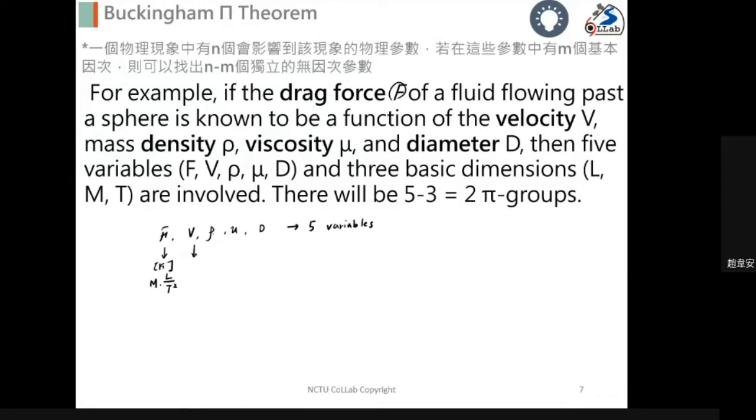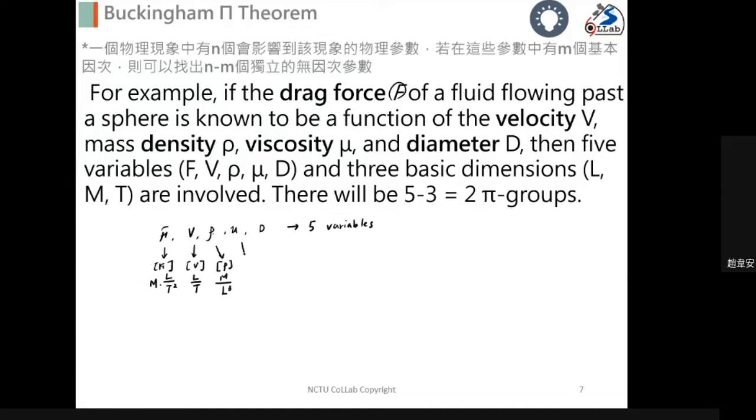And what is the velocity? The velocity dimension is L divided by T. And for the density, the dimension is the mass divided by L cubed.